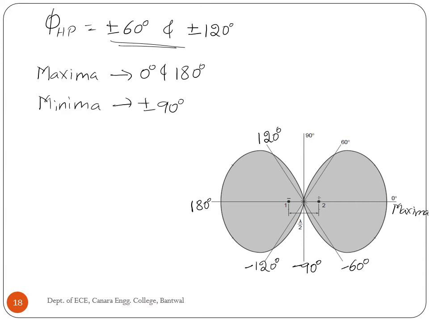This is the field pattern for the case when two isotropic point sources having the same amplitude and opposite phase, lying on the same axis and located symmetrically with respect to the origin, for d equal to lambda by 2.